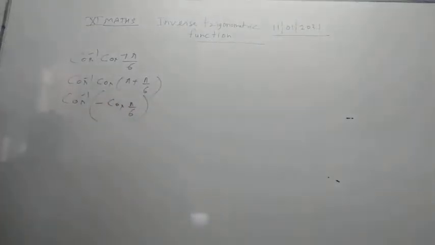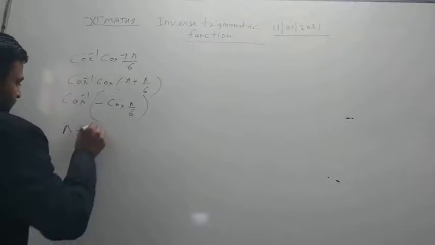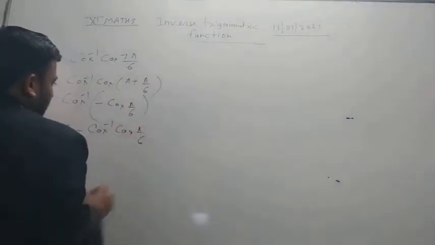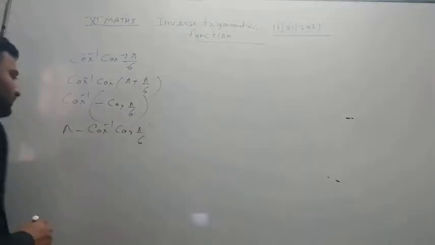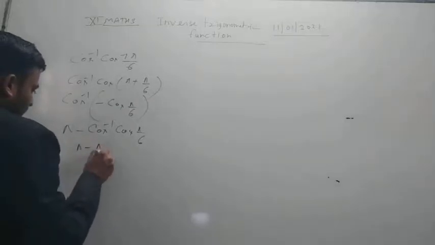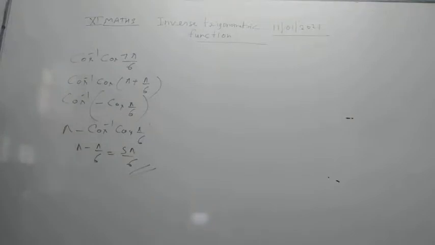Now cos inverse of minus x is pi minus cos inverse x, and this pi by 6 lies in the principal value branch of cos inverse, so we write pi minus pi by 6, which is 5 pi by 6. Okay, student. So this will be our required result, student.